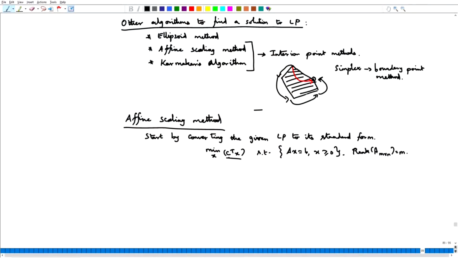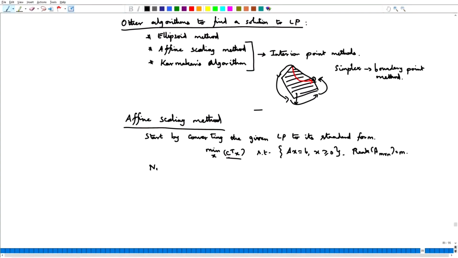So, for example, suppose you start at this point and minus C is in this direction, okay. So, you might actually end up going out of the feasible set, right. So, it does not stop with choosing the steepest descent direction, that is the negative gradient. Okay. You have to project minus C, the steepest descent direction, onto the null space of A.